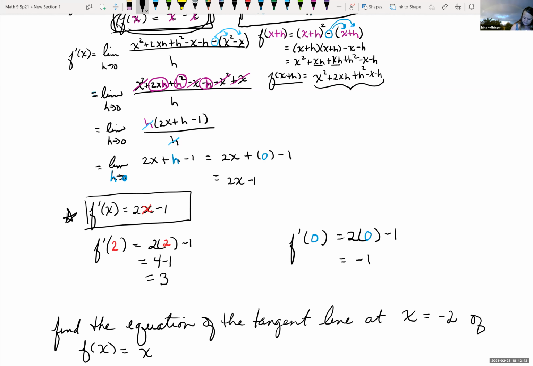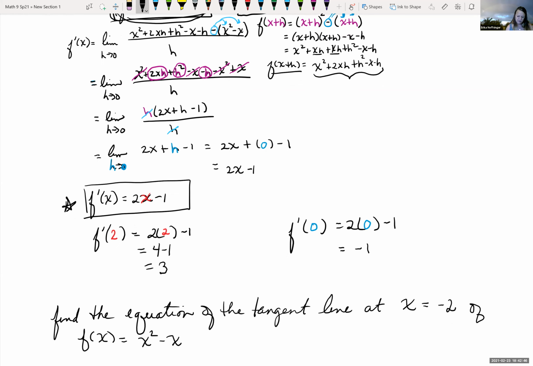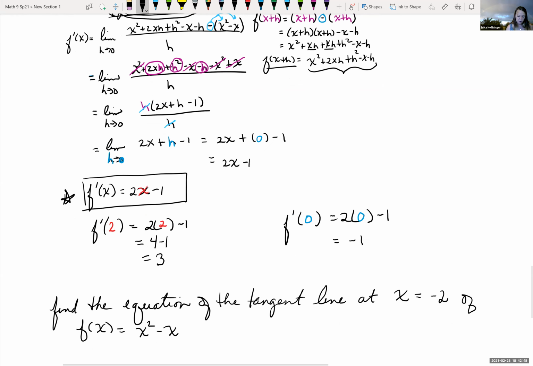Let's just use the same function, x squared minus x.